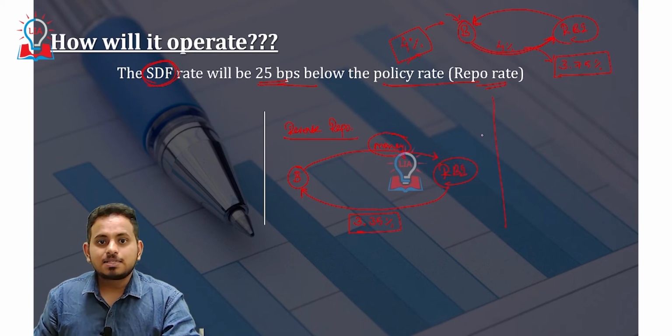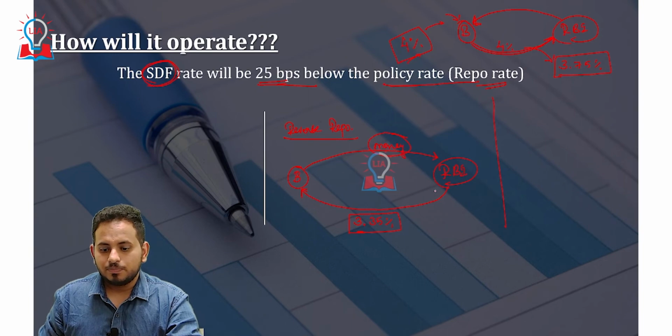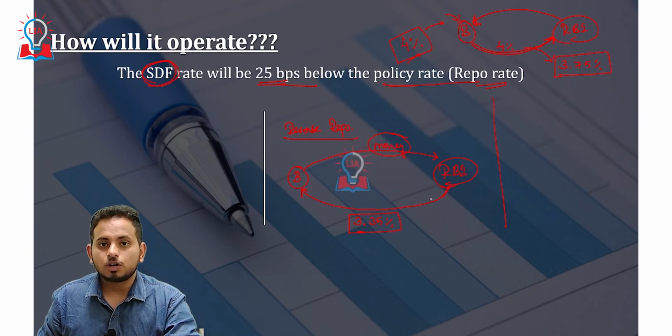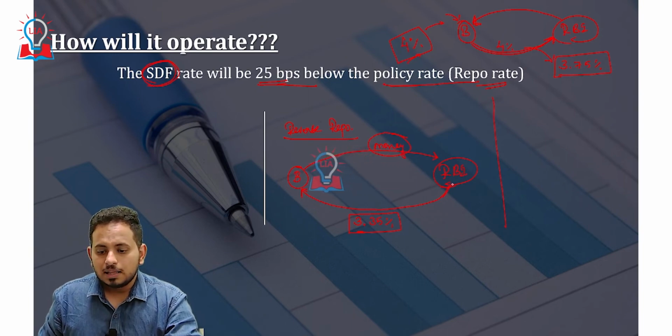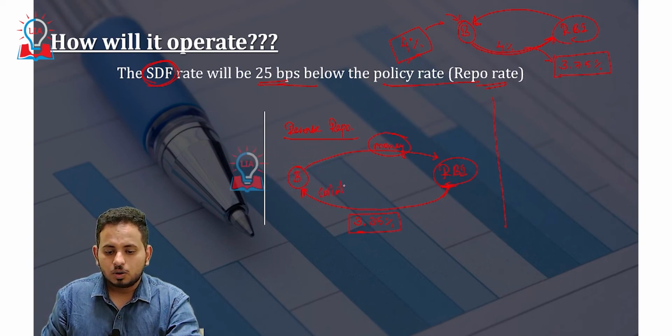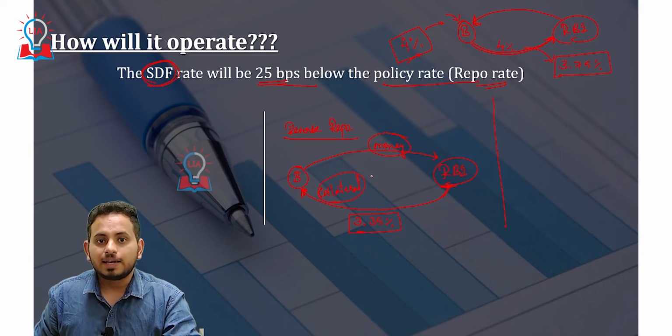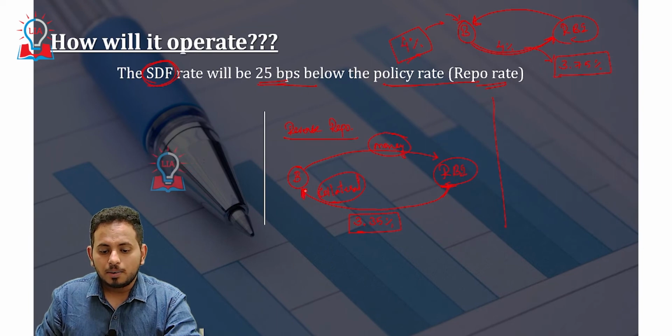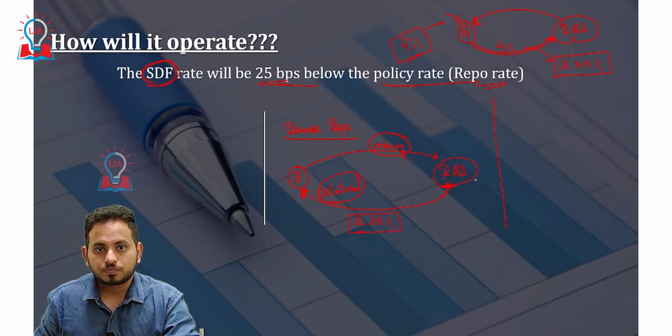When it comes to SDF, that is the standing deposit facility, during the process of reverse repo, the RBI is bound to provide some part of collateral, that is, a guarantee. The RBI has to provide a guarantee for the money that banks place with the RBI. Fine.